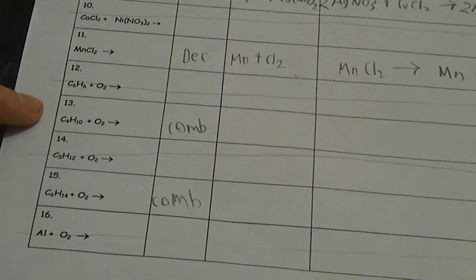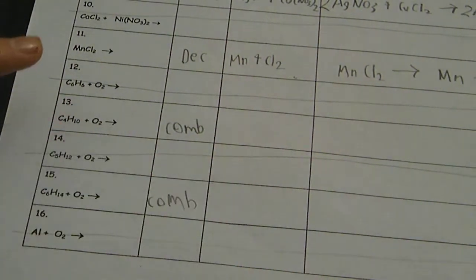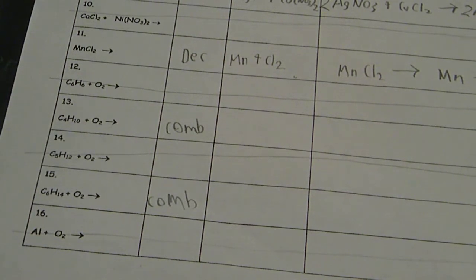So now, moving on to number 13, we have C4H10 plus O2. Okay, automatically, you can recognize that that's a combustion because it contains C, H, and O, which means you can just look at that and know that the products are going to be H2O plus CO2, which is always combustion.